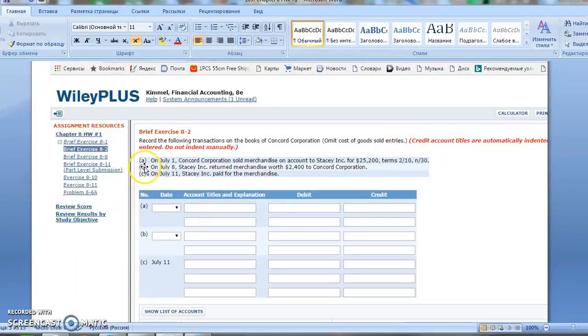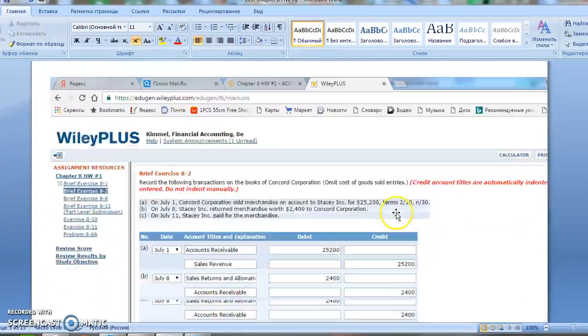Point A claims that on July 1, Concord Corporation sold merchandise on account to Stacy Incorporated for $25,200, terms 2/10, n/30. So the entry for July 1 will be debit accounts receivable and credit sales revenue for the same amount of $25,200.